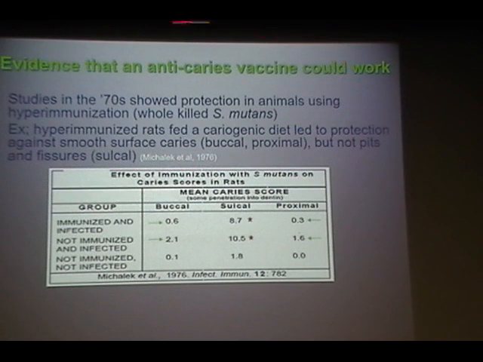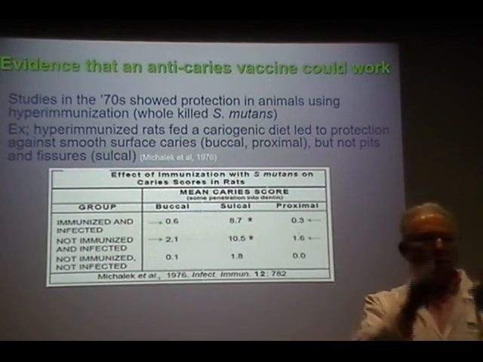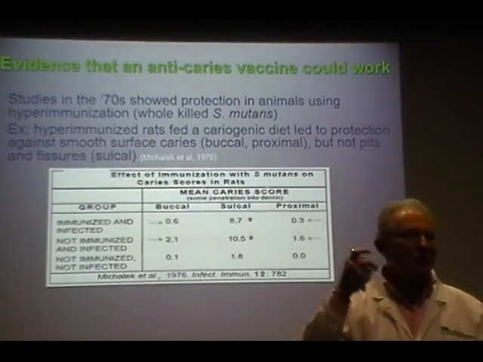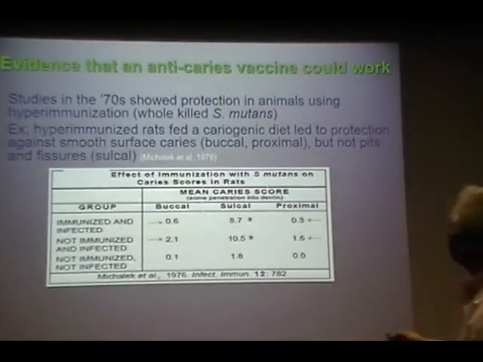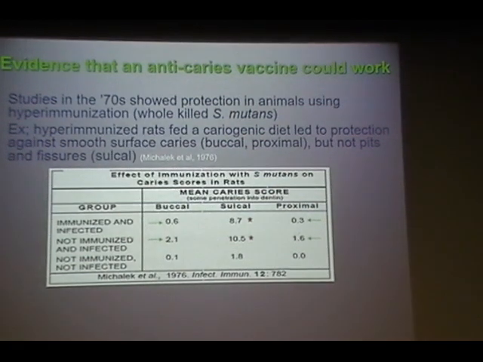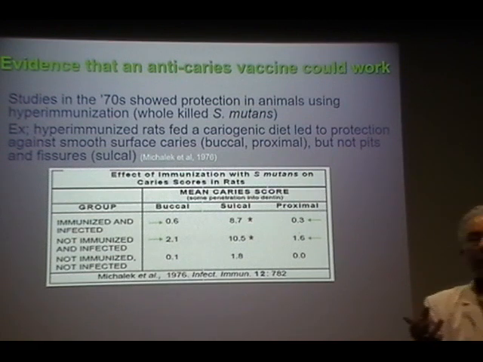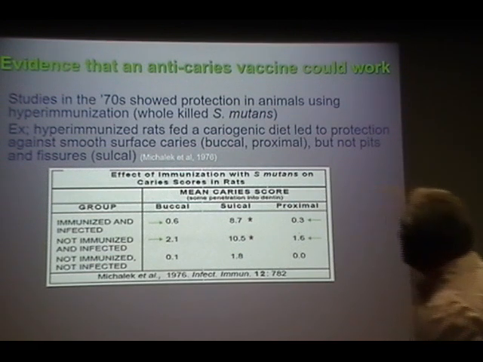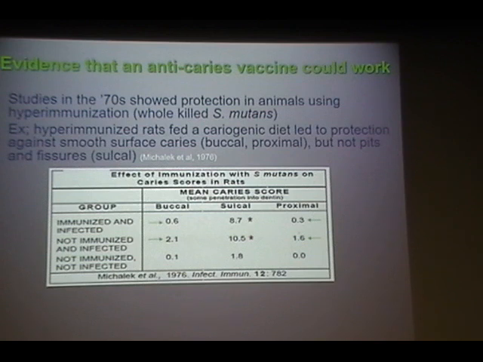Okay, this is the study done by Michalek et al. and presented in 1976. What they did was they intentionally took a group of rats and they injected whole-killed strep mutans. So the antigens were still there, the bacteria were no longer thriving, and they injected them near the submandibular gland.